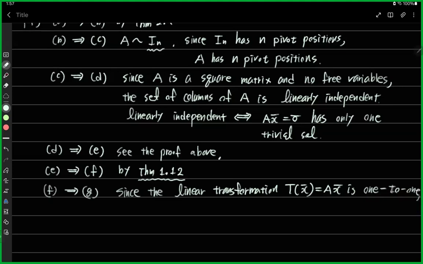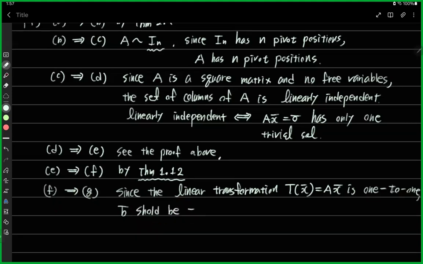So we start from the statement F being true, then G is true. We use the conclusion of statement F, which is that the linear transformation is one-to-one.